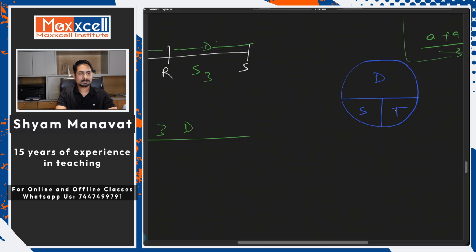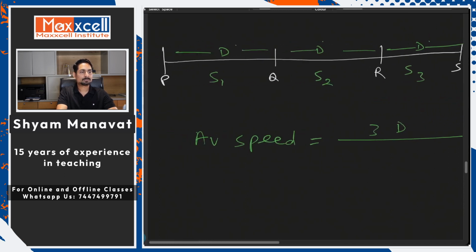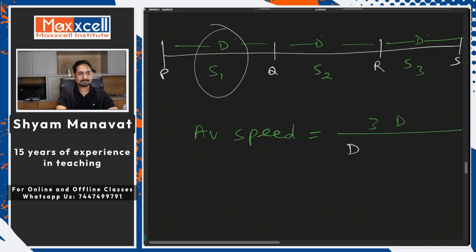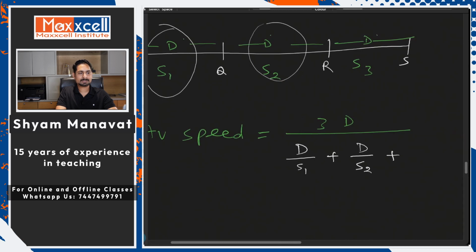Time equals distance upon speed, right? So what is the time for the first segment? Distance upon speed. For the second segment, same, distance upon speed. For the third segment, distance upon speed, right?